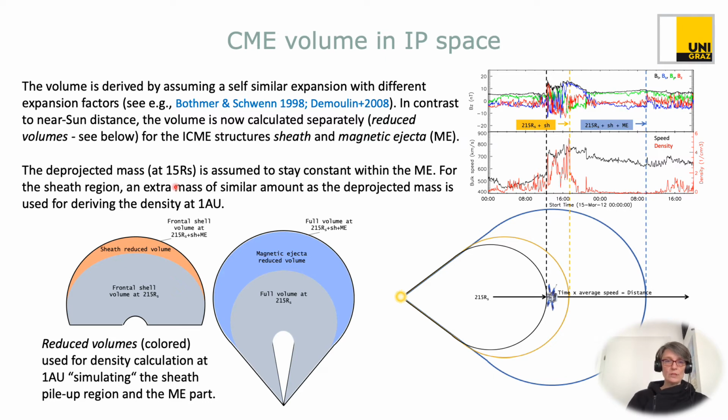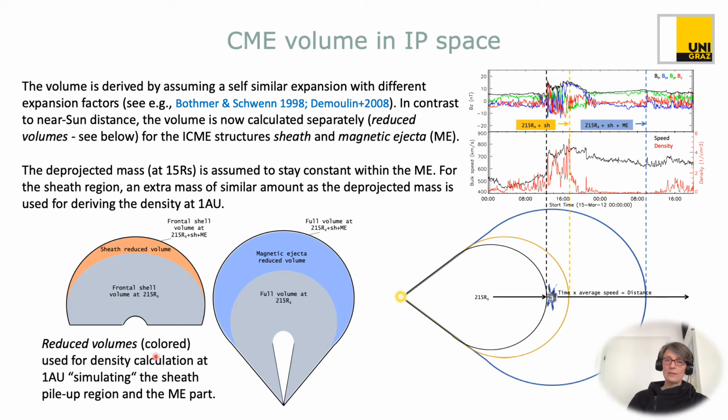So we now use separate volumes for the ICME structures, sheath and magnetic ejecta. And you see here the sheath structure and the magnetic ejecta structure. So this is the full volume as it is derived from the GCS model, and we reduce the volume in order to mimic the CME geometry after propagation in interplanetary space.